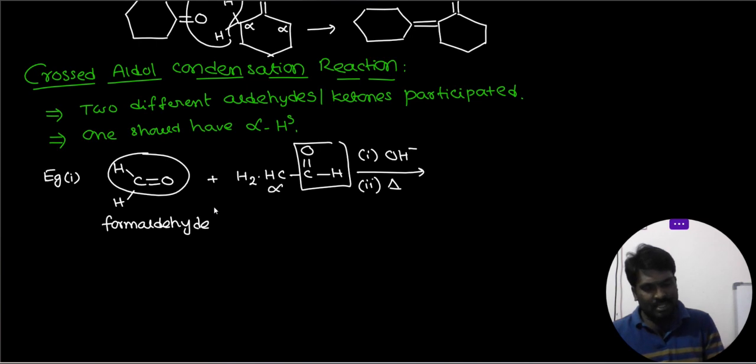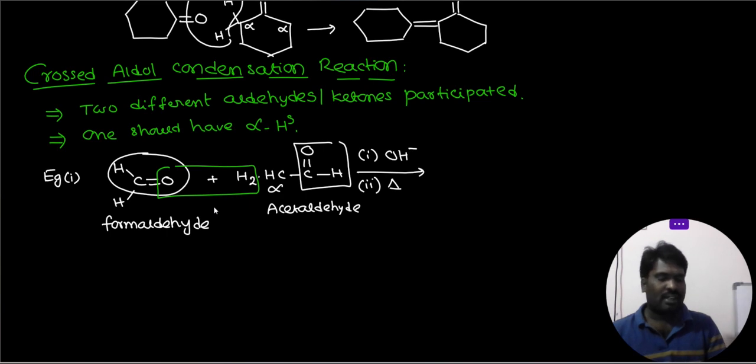Yes, because in formaldehyde there are no alpha hydrogens, but in acetaldehyde alpha hydrogens are present. That's why from formaldehyde we take the oxygen, and from acetaldehyde the alpha hydrogens. Formaldehyde has no chance, but condition one is that at least one should have alpha hydrogens, that is enough.